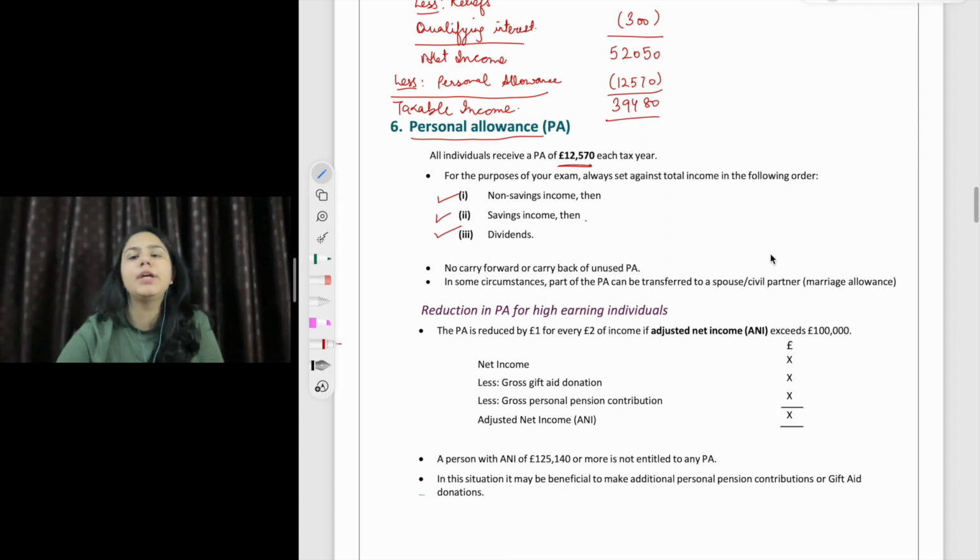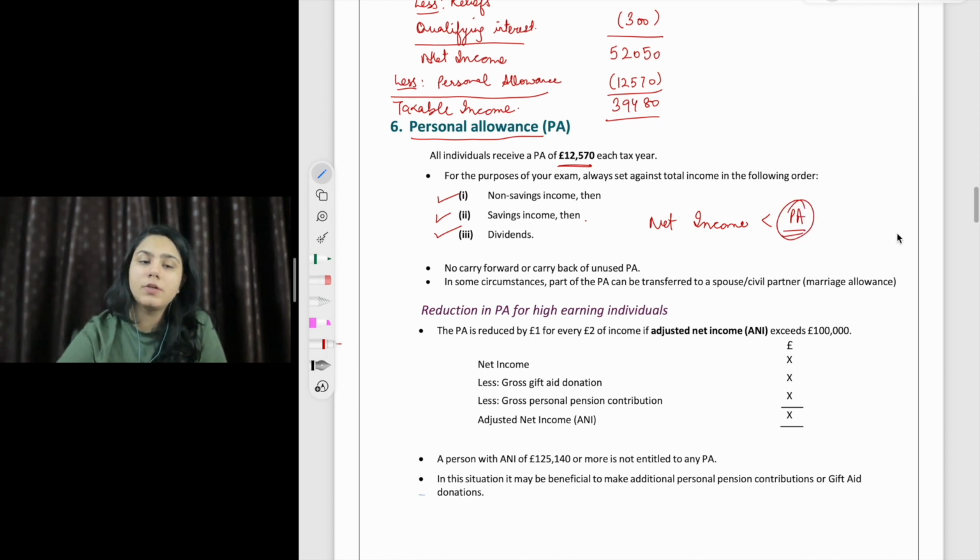For example, if your net income is less than the personal allowance, whatever personal allowance is unused is going to be lost. You cannot carry it forward to use against next year's income. But in certain circumstances, you can transfer some of your personal allowance to your spouse. That is known as marriage allowance, and we're going to learn it in the next topic.